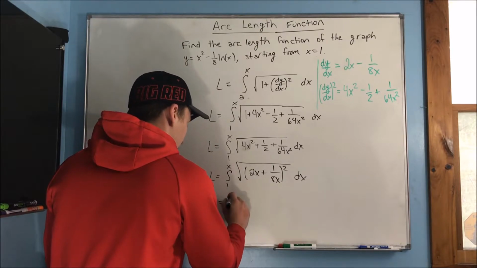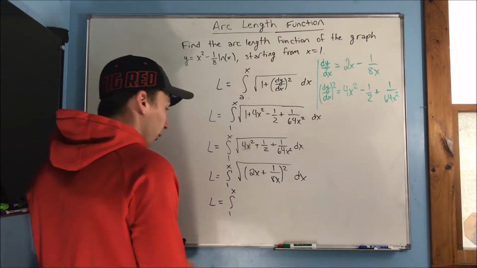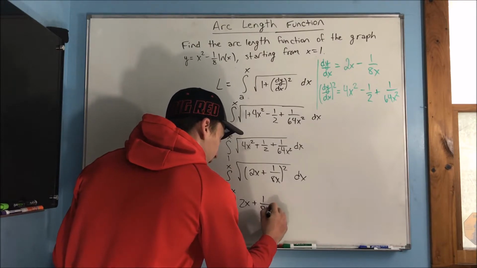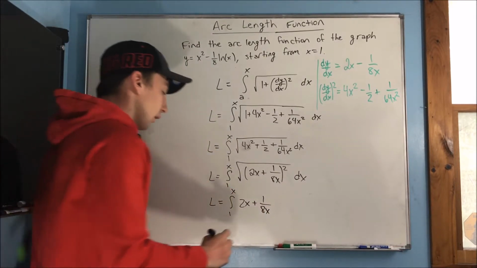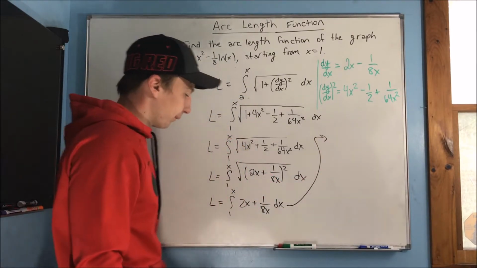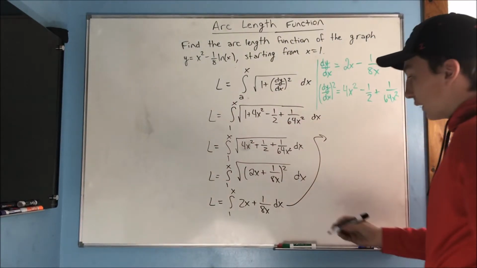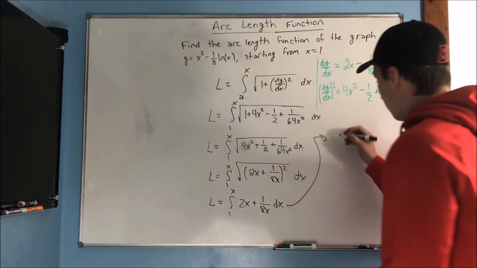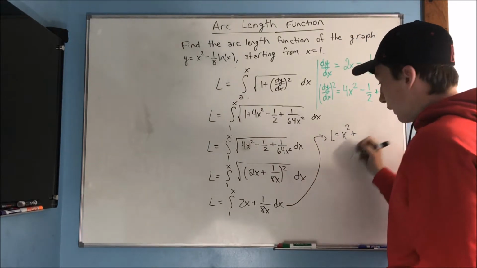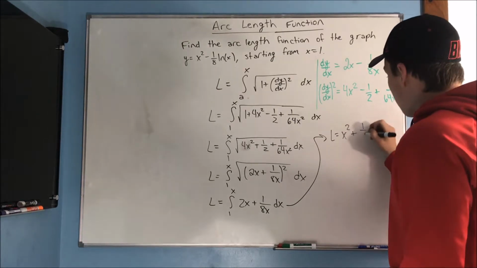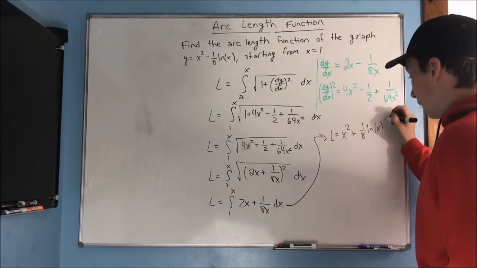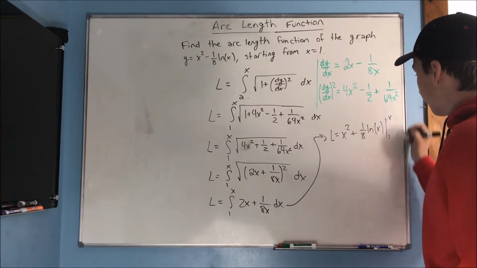So we're going to end up with the arc length being the integral from 1 to x of 2x plus 1 over 8x dx. So now we're taking the antiderivative. We're going to get that the arc length is equal to x squared plus 1 over 8 natural log of x, evaluated from 1 to x.